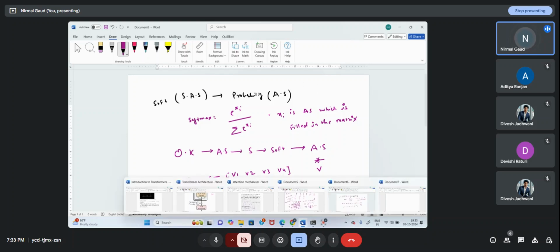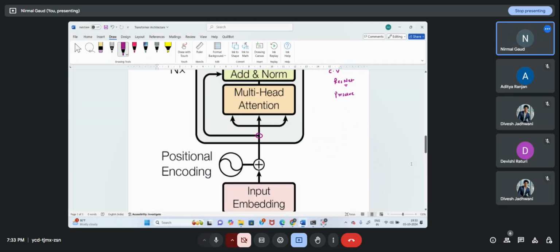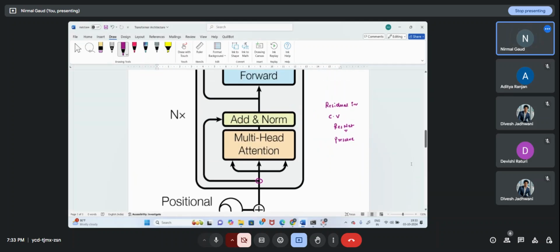Now get back to the architecture again. If you are seeing three arrows here, it means QKV. N cross means you are having N self attention. That's why it means multi head.